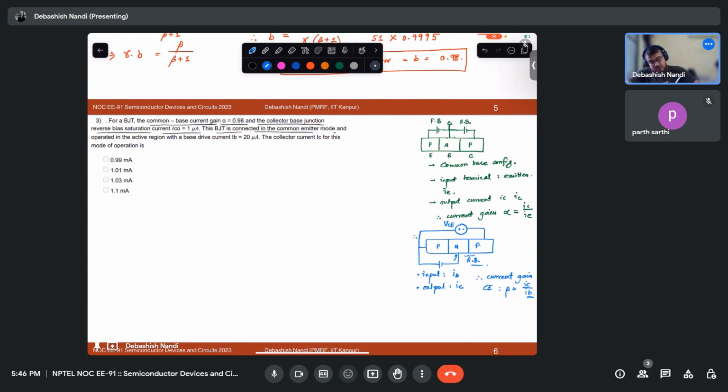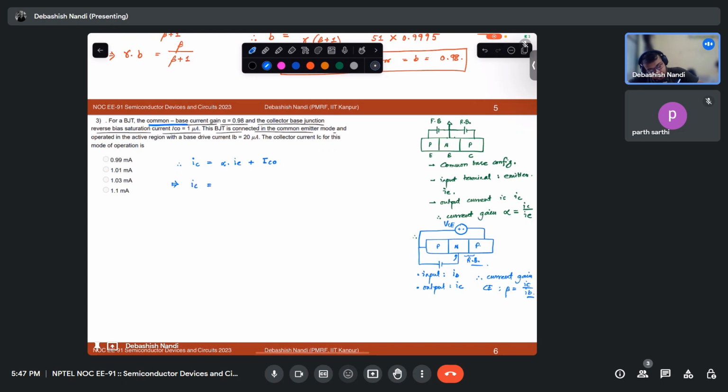Okay. So now what happens is that your IC in common base is alpha times IE plus ICO. This is your reverse bias current that will be flowing between the collector base junction; though it is reverse biased, there will be a certain amount of current flowing.